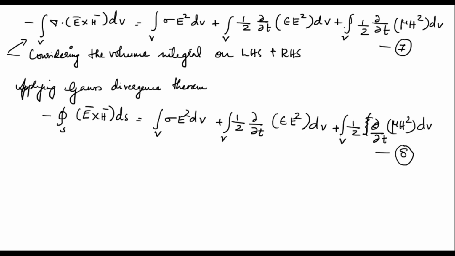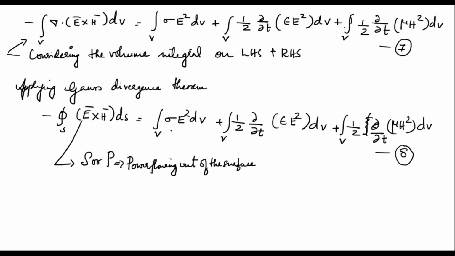The left hand side of Poynting's theorem says that the surface integral of E cross H dS can be represented, in some textbooks as capital S, and in other textbooks as capital P. You can use any expression for this E cross H. E cross H is equal to P or S. So this shows the power flowing out of the surface.